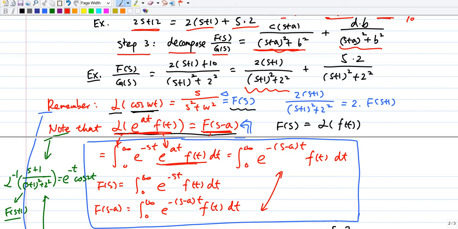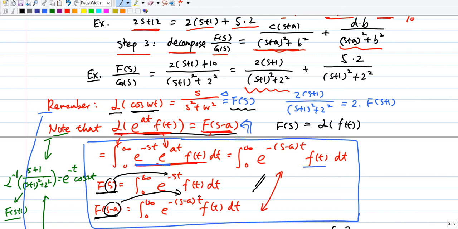If I put them together, I have e to the minus (s minus a)t times f(t). Now let's do the comparison. F(s) is the integral from 0 to infinity of e to the minus st times f(t). So F(s minus a) just replaces s by s minus a, so it will be the same. Essentially these two are equal. That's why L of e^(at) times f(t) is equal to F(s minus a).